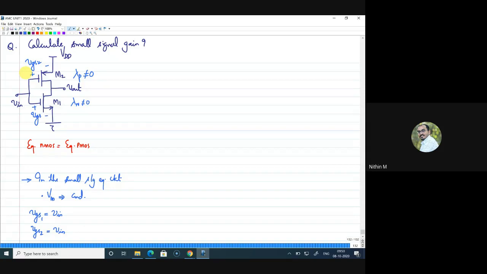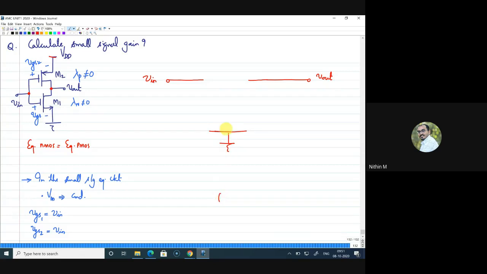Now let me go ahead and write the equivalent. So while writing the equivalent, I'll see that I have one node. So you can draw as two separate equivalent and then you can connect everything. So that you would have tried that. But what I will do is I will just look at the one on the left side, which is input terminal, one on the output right side is output terminal. Then you have VDD and ground, but both are anyway ground. So what I will do is I'll just mark this as Vin, this as Vout, and this as ground.